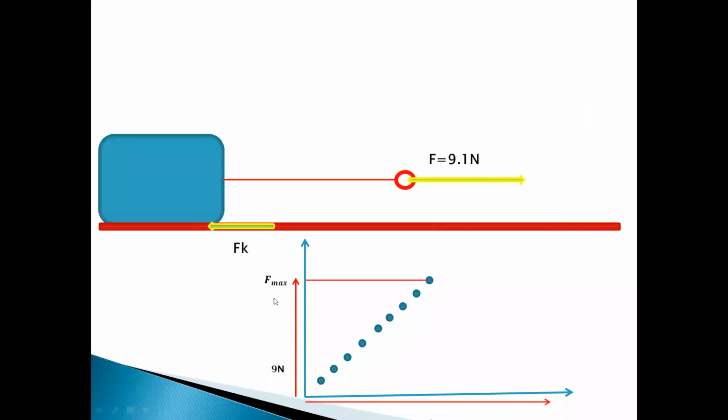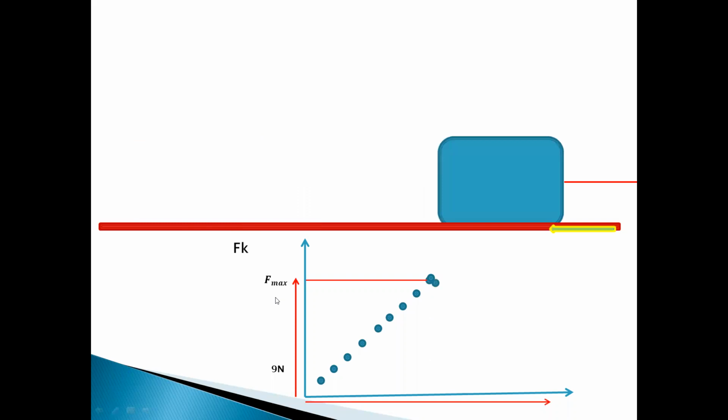On the graph, you can see when the object is moving and you increase the external force, there is a drop in the friction. After a particular value, the friction will remain constant even if you increase the external force.